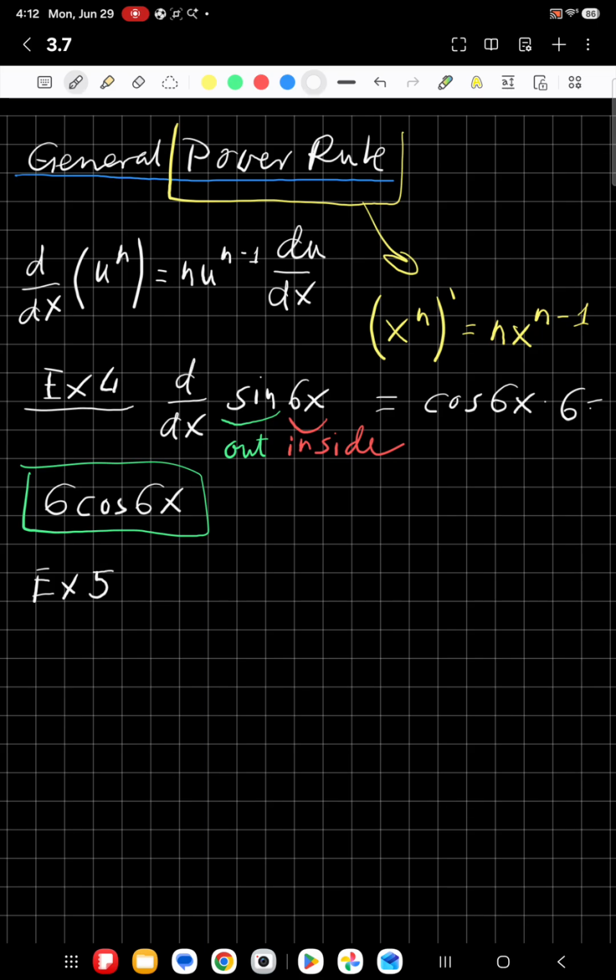So example 5. We're given a function f of x equals x squared times the square root of 5 minus x squared.